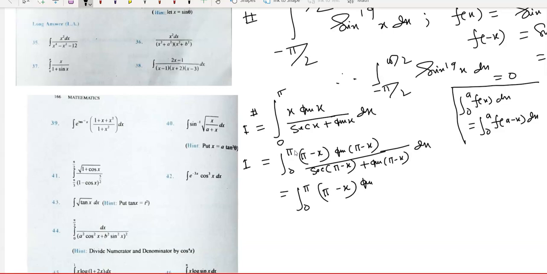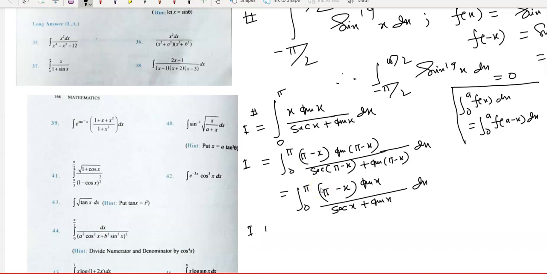That is, pi minus x tan x divided by sec x plus tan x, isn't it? Now if you are going to add these two, see the main part where you have a problem with x, when added to pi minus x, this is going to be eliminated. So add these two.